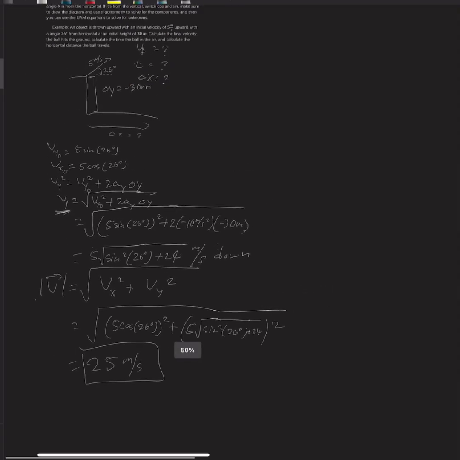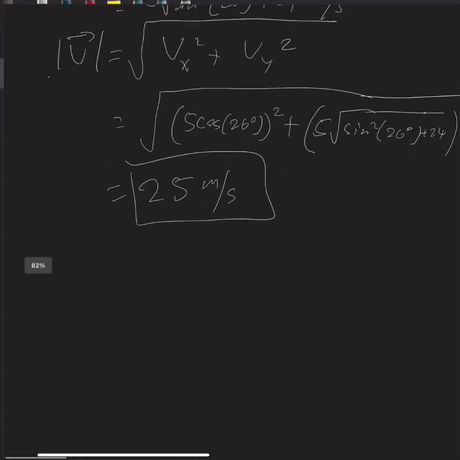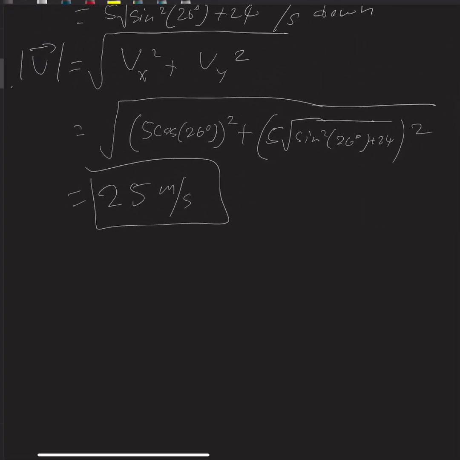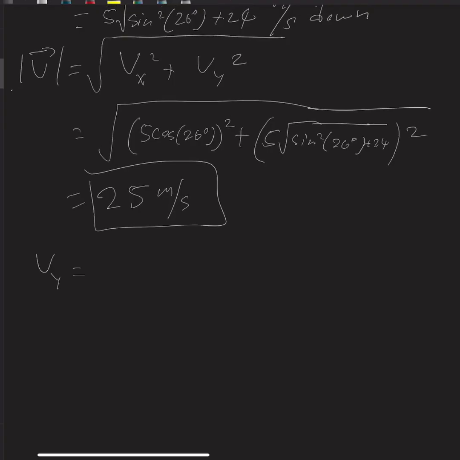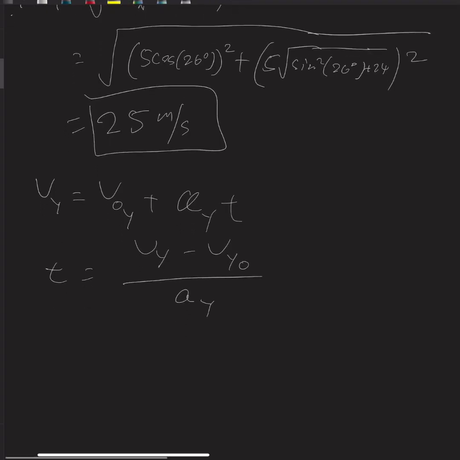Next one is calculating the time. The same process as the problem above, where we already solved for the final velocity. So we can use velocity in the y direction equal to initial velocity in the y direction plus acceleration in the y direction times time, where t is equal to the final velocity in the y direction minus the initial velocity in the y direction, all divided by the acceleration in the y direction.